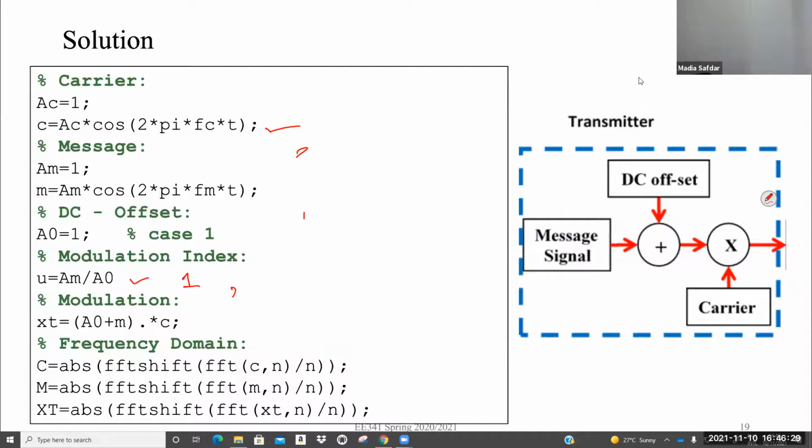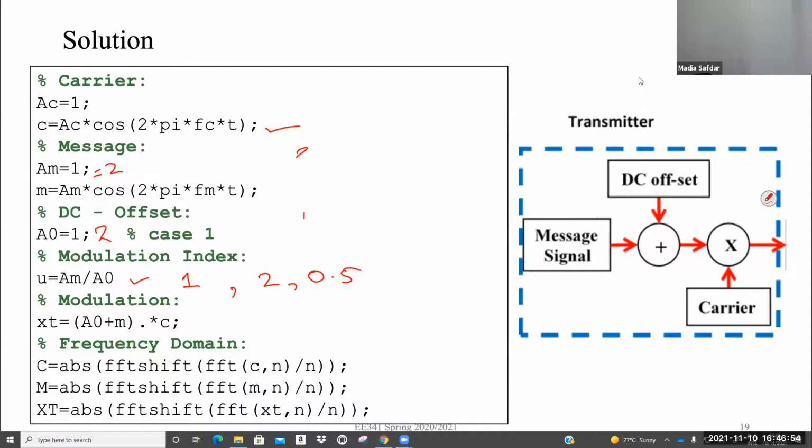How can I make it 2? 2 over 1. So Am equals 2. Then for 0.5, this will be 2 and this will be 1, then it will be 0.5. We'll check three cases.